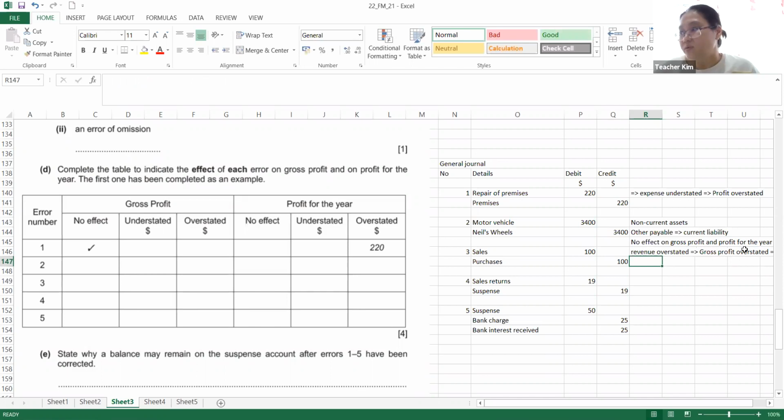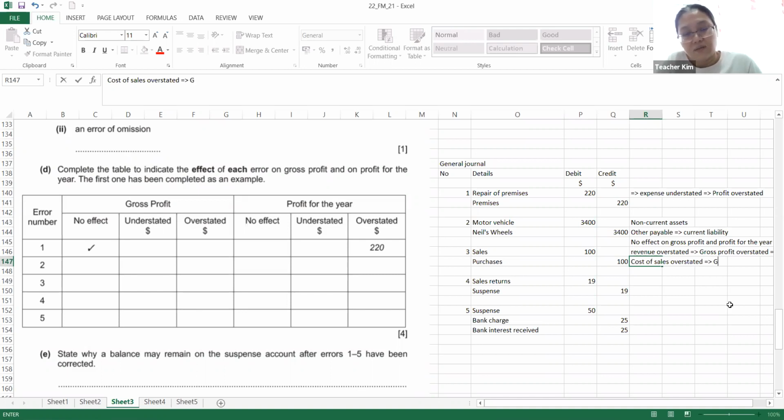Where else, come to the purchases? Purchases also overstated. Cost of sales overstated.